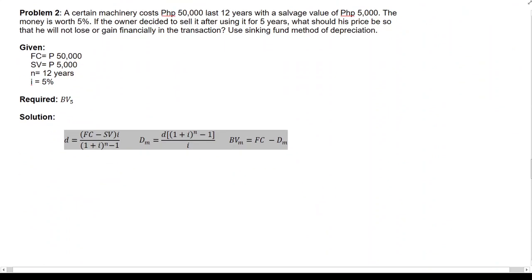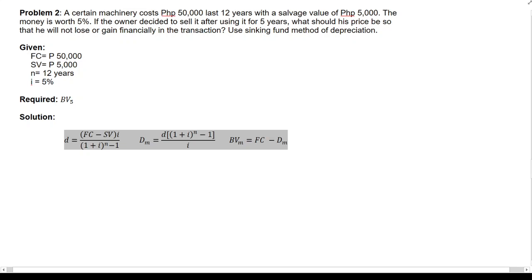All right. So moving on to problem number 2, a certain machinery costs 50,000. So that is the first cost, lasts 12 years with a salvage value of 5,000 already. So the useful life for that one is equal to 12 years, that is n, and the salvage value, the trade-in value or the resale value, is equal to 5,000.